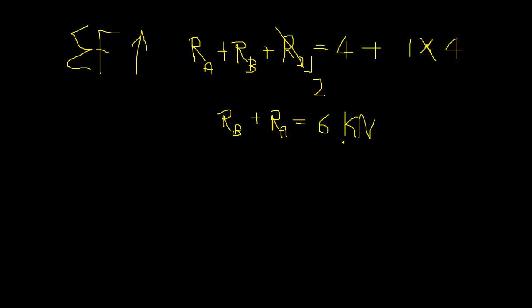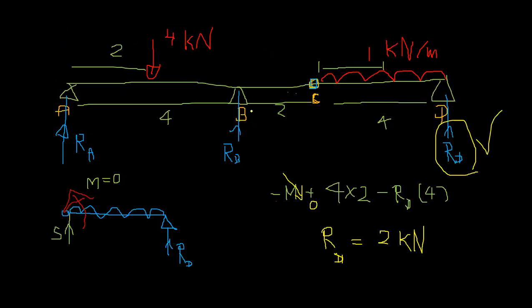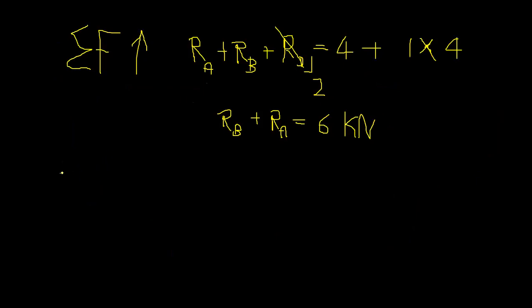So the easiest way is you can take moments about B for this part, or else you can take from the hinge, because if you take from the hinge you need to draw this reaction as well. So if you take it from the hinge, that's easy, right? So RB into 2 plus RA into 6 equals 4 into 2, about hinge on this part.